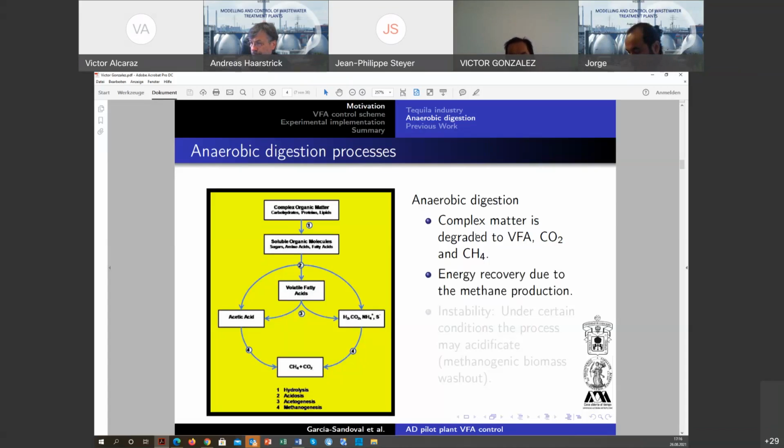The typical anaerobic digestion involves these four steps: hydrolysis, acidogenesis, methanogenesis, etc. Next, please.